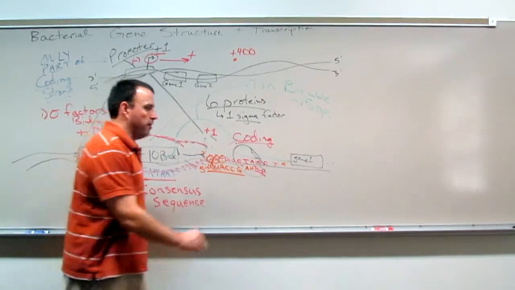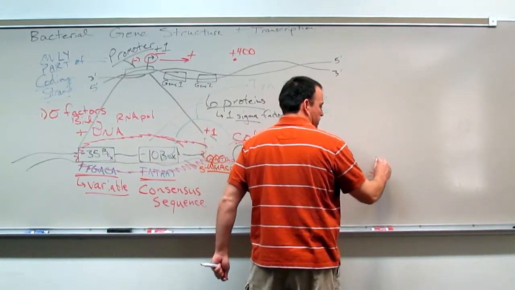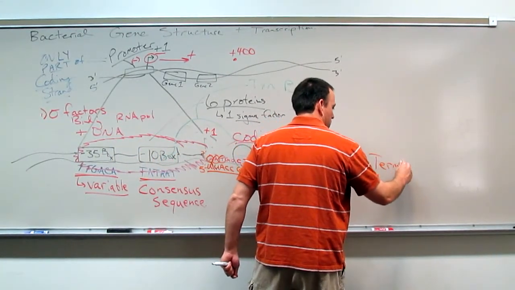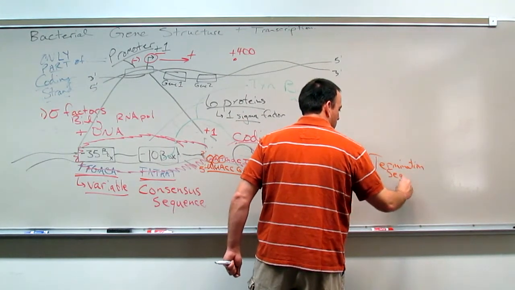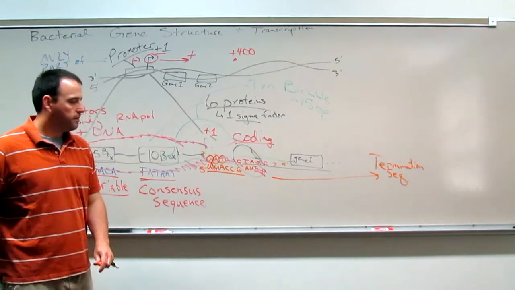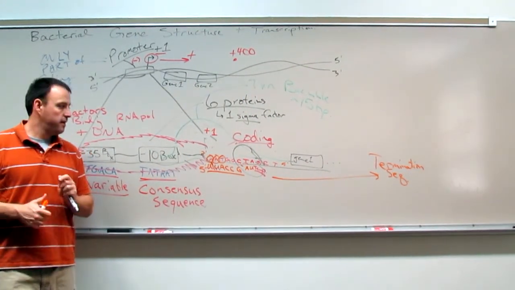RNA polymerase will run all the way down until it hits the termination sequence. That is how transcription occurs in prokaryotes.